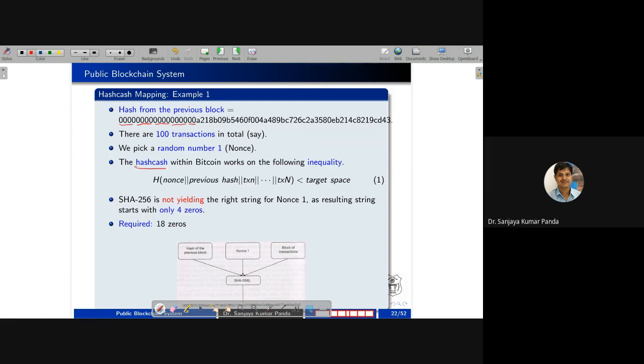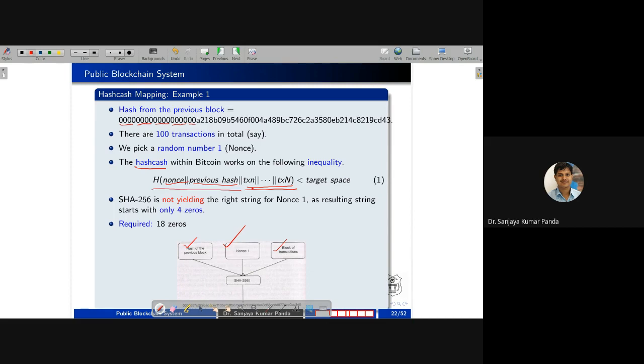Hashcash depends upon the hash of the previous block, which we call the previous hash. You need this nonce value. You also need the block of transactions. If n transactions are there, we can represent them by Txn, meaning starting from the first transaction to Tx capital N, the total number of transactions.